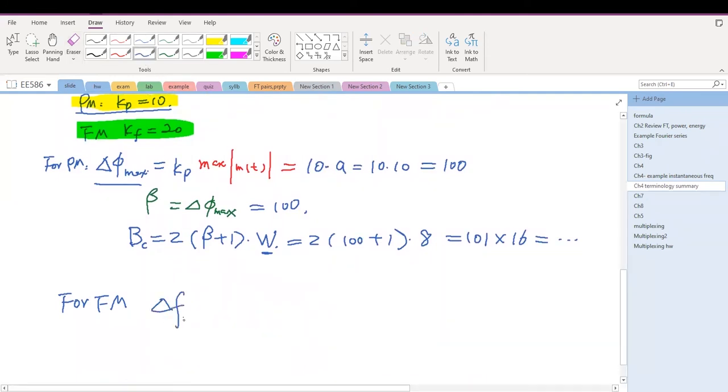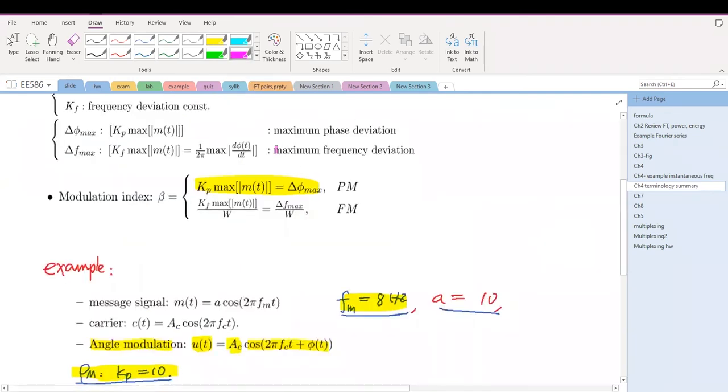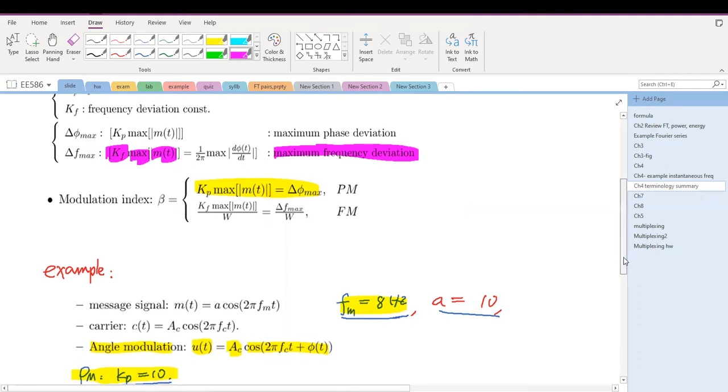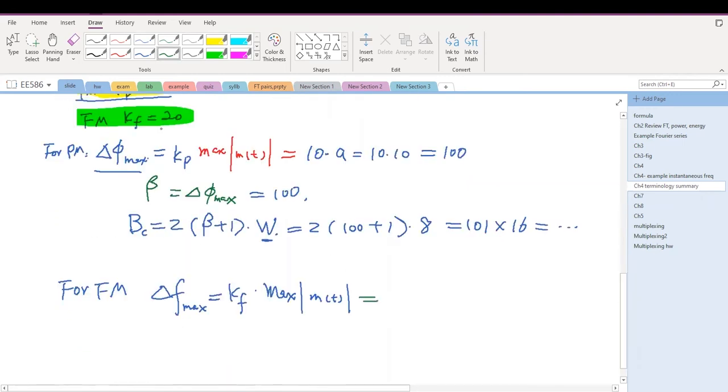Delta f max equals Kf multiplied by the max of the absolute value of m(t). Kf equals 20, and 20 multiplied by 10 equals 200. The unit here should be Hertz because we talk about maximum frequency deviation.